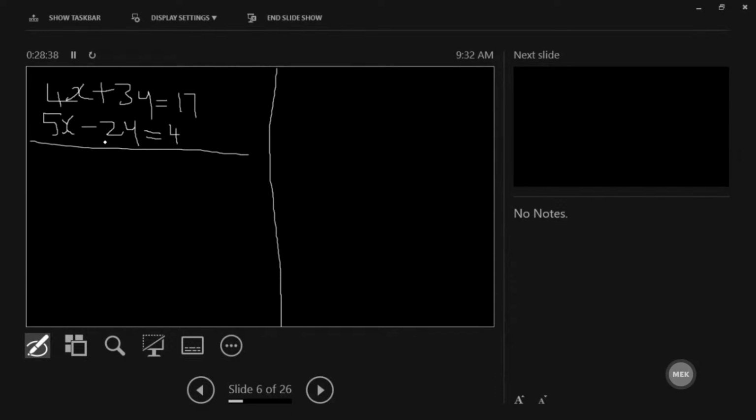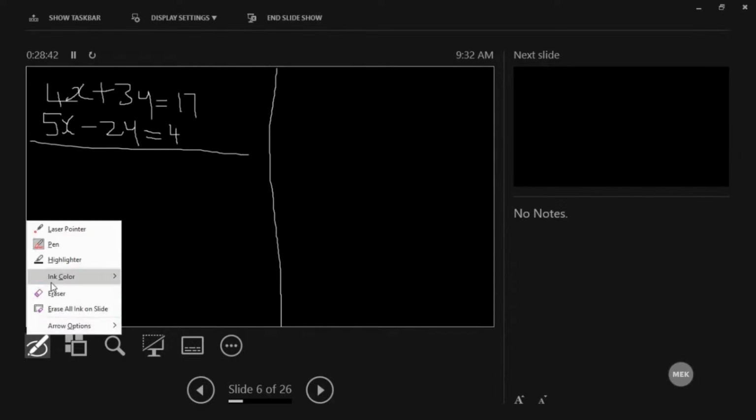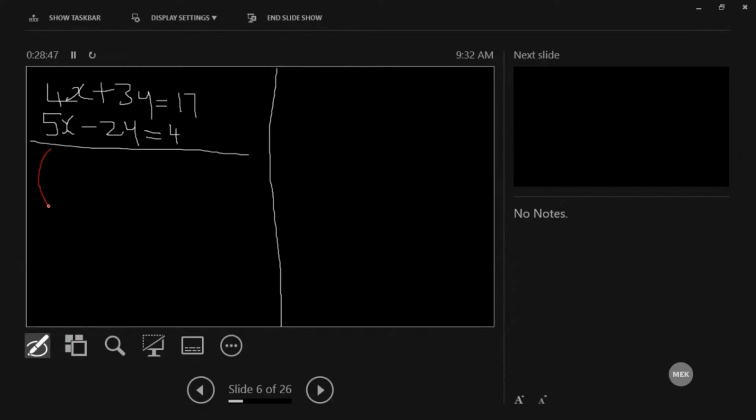So let's first put it in matrix form. So that's going to be [4, 3; 5, negative 2] times [x; y], and that's equal to [17; 4].